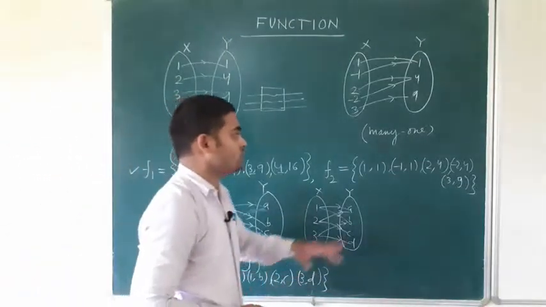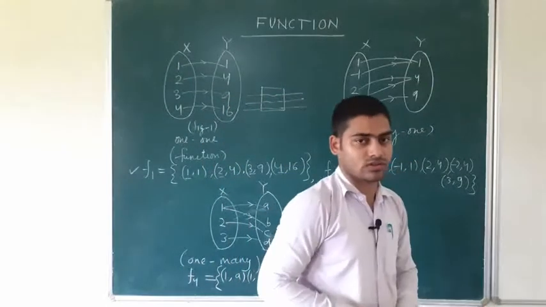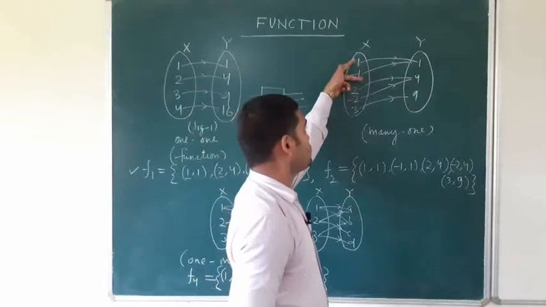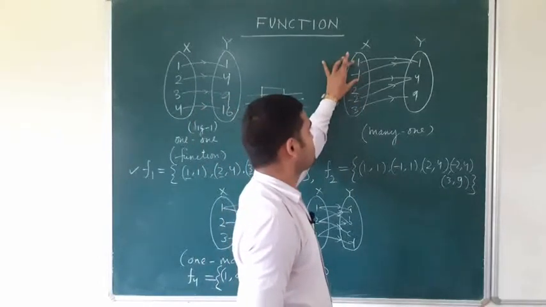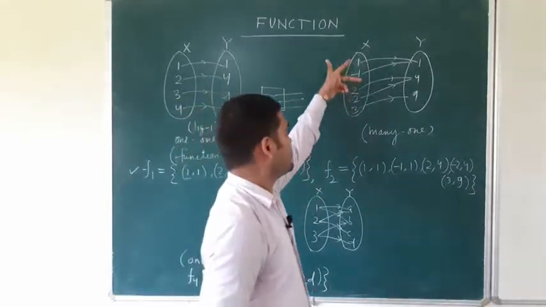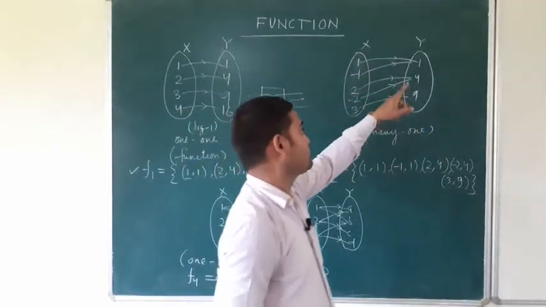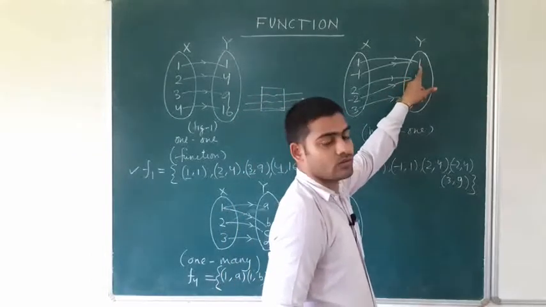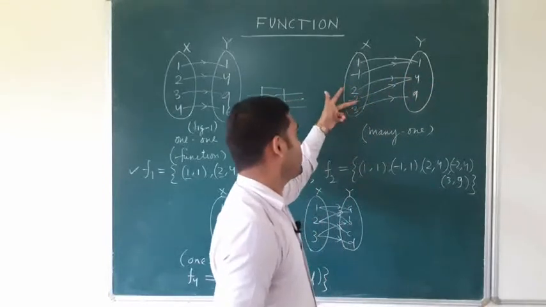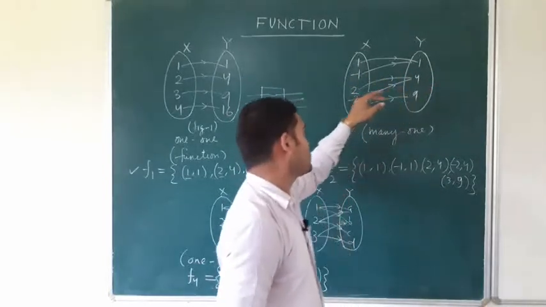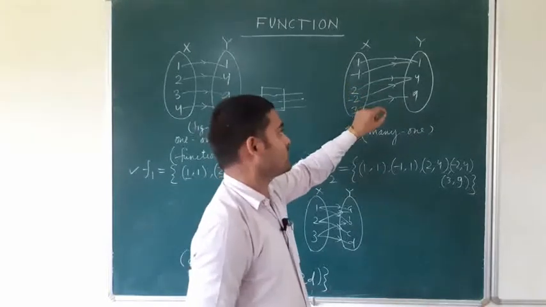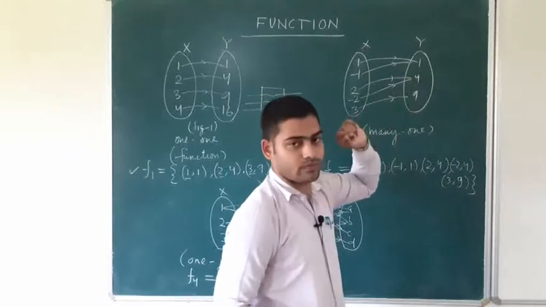Now come to many-one function. Here you see two elements, 1 and minus 1, they are related to the element 1. So many to 1. So 2 and minus 2 are related to 4.